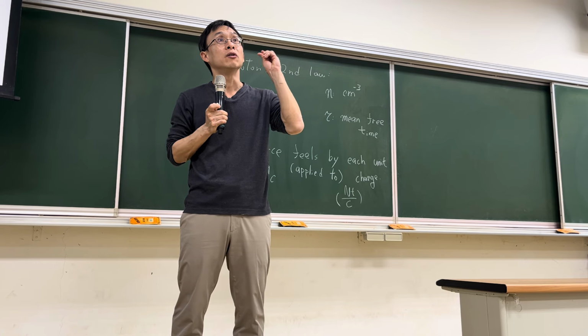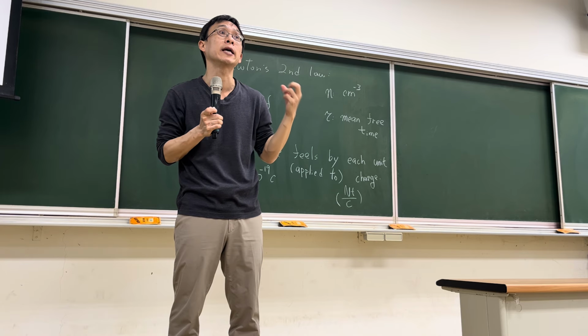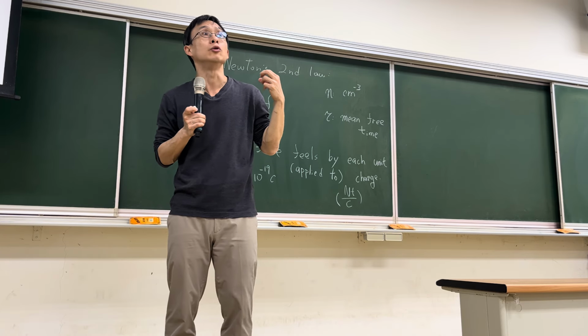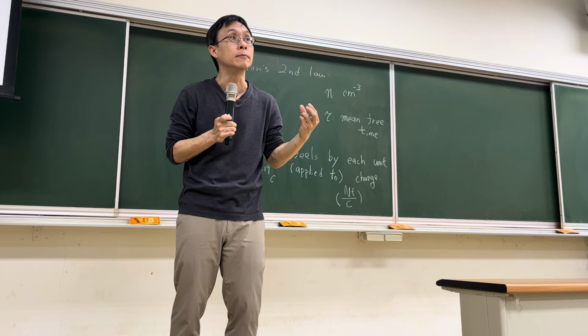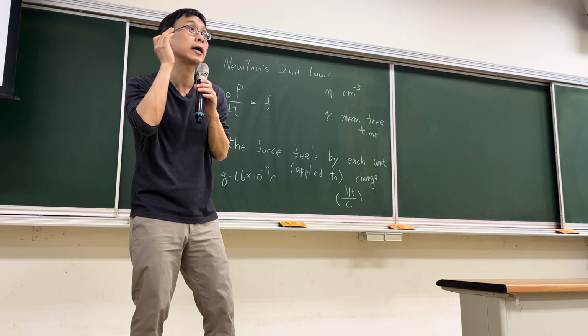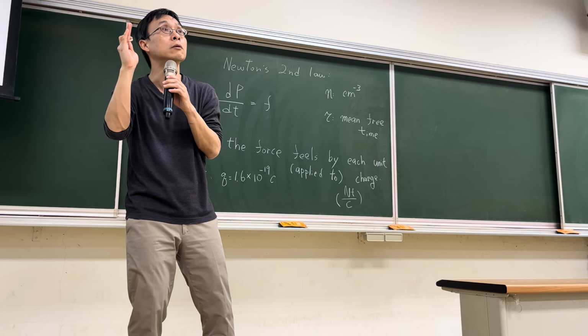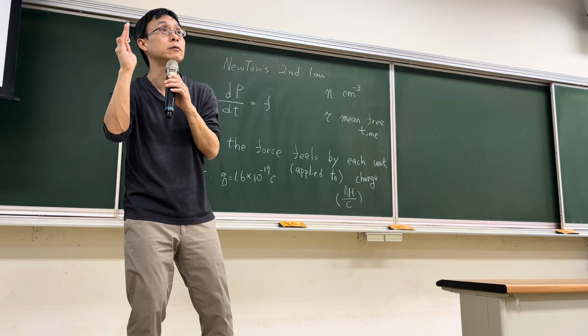But these fast electrons are useless. Useless means they cannot contribute to any useful currents. Why? Because all the electrons are running in different directions. There is no uniform direction for all of the electrons, right?